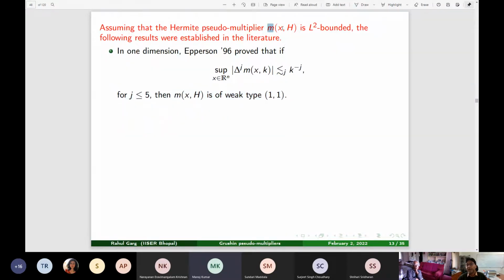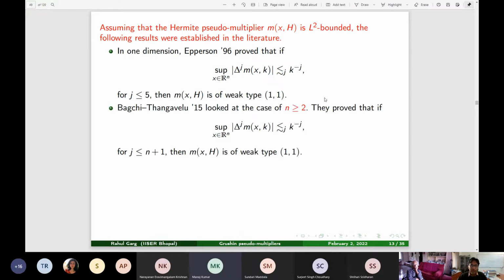So the assumption of L2 boundedness was rather important in this proof, which is the case in general for proving any weak 1-1 boundedness. One breaks it into local and global parts, and one does use L2 boundedness in the Calderón-Zygmund setup.